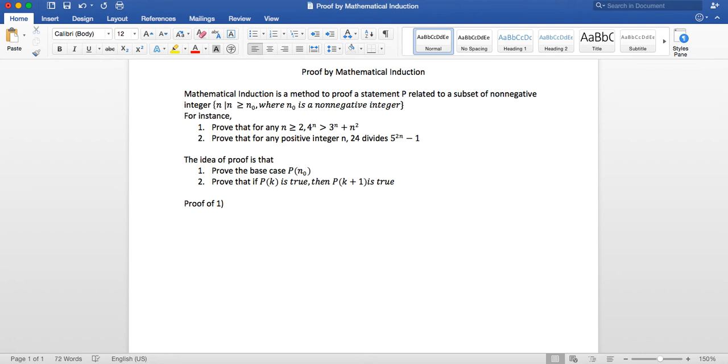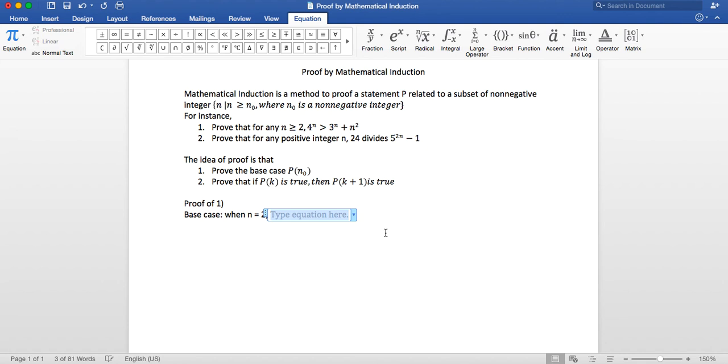Okay, so our base step. When n equals 2, 4 to the n power, which is 4 squared, is 16. 16 is greater than 3 squared plus 2 squared, because your n equals 2. 3 squared plus 2 squared is 9 plus 4, which is 13.